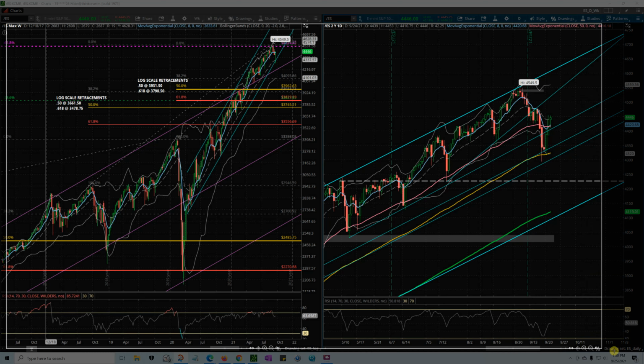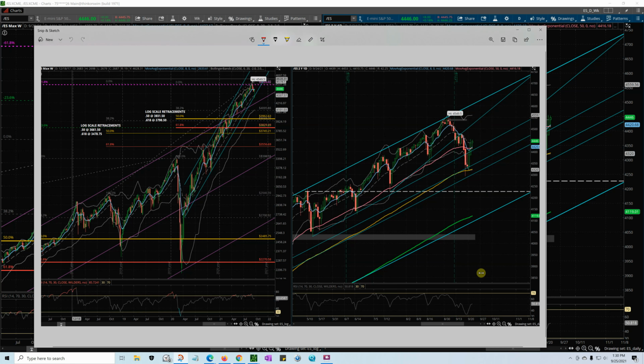If I take a snapshot to annotate this, here's the pattern. Remember, this was the wave 3 high right here. And so we have an expanded flat correction. What I think we might have since May is a 1 off the bottom, a 1, a 2, a 1, 2, 3, 4, a 3 in here, down to a 4, just like over here, and then possibly up to another 5.